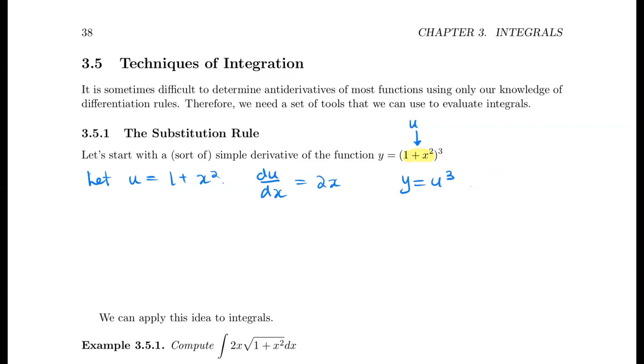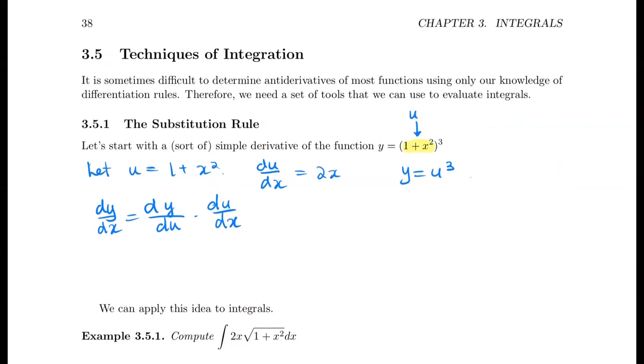But let's have a look at this using the chain rule. Well, dy over dx is also the same as df of u over du multiplied by du over dx. Or instead of df of u, this could be dy as well.